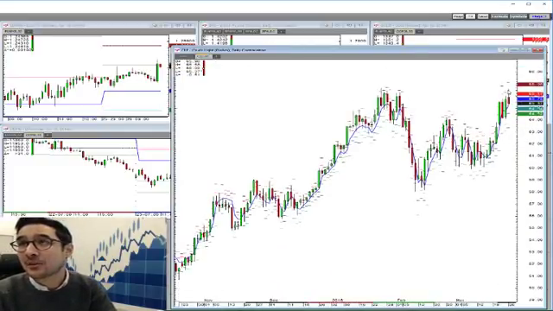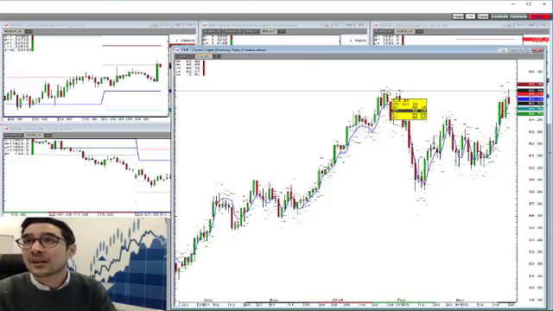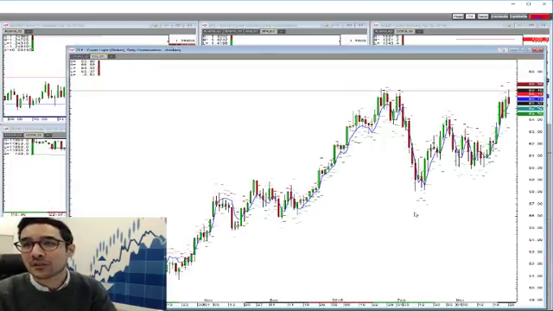Technically, that little spike that we had overnight in the recommencement of trade, you can see here, we're coming up to really the upper bound of the year-to-date high. So technically, that level does have some significance for crude oil.